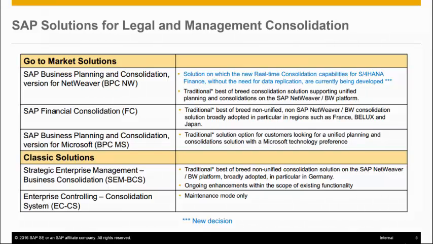For FC, we dedicate some particular regions like France and Japan, and for BPC MS, we're targeting customers who use MS server technologies. So for the rest of our customers, we'd like to use BPC NetWeaver as the suggested consolidation solution. And this is even the consolidation solution when we talk about the integration with S/4HANA.